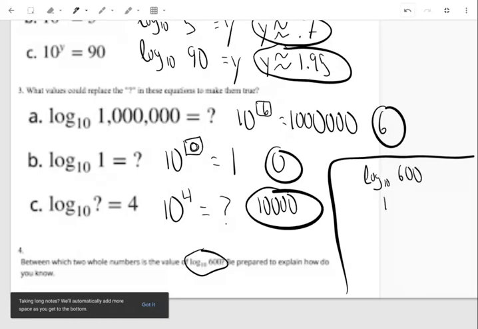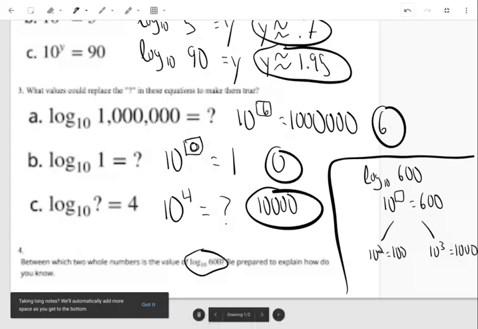So again, we're looking for 10 to what power equals 600. So I'm going to use that same logic I did before. I know that 10 squared is 100, and I know that 10 cubed is 1,000.